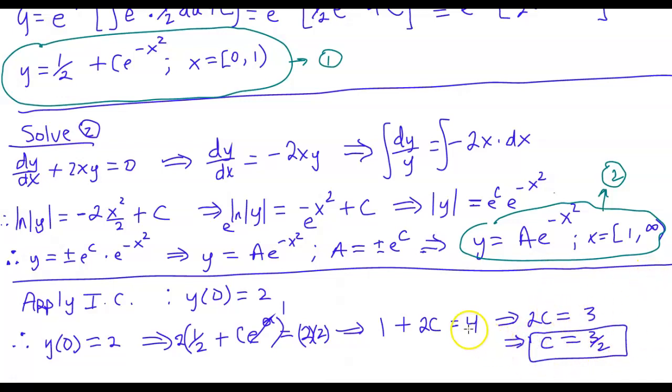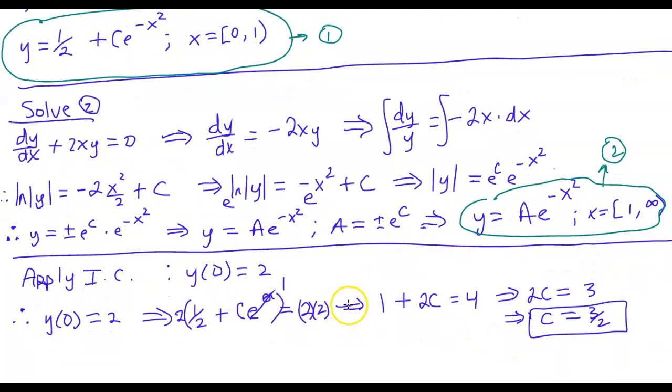So what we're actually seeing here is that y is actually equal to 1/2 plus 3/2 e raised to the negative x squared here, okay?